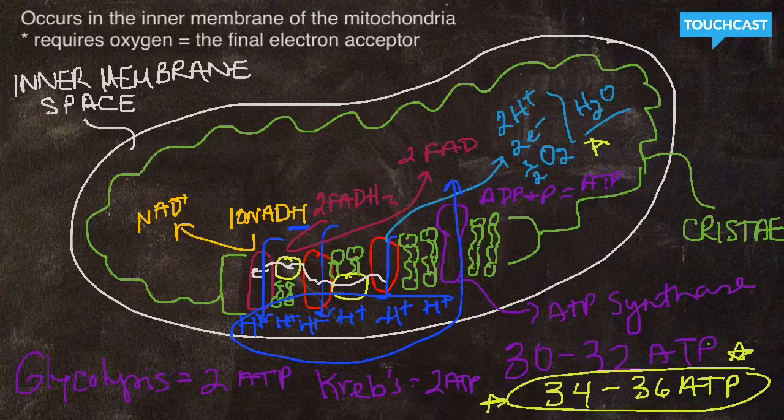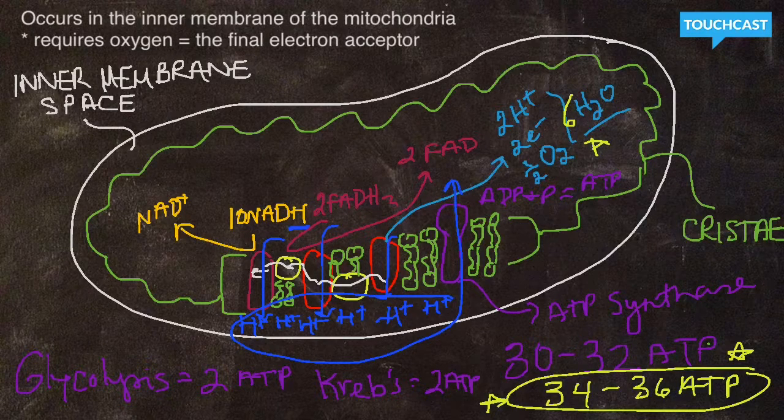Remember, 2 molecules of carbon dioxide were lost during the prep step, and then 4 molecules of carbon dioxide were lost during the citric acid cycle. And then the other byproduct of this is the 6 molecules of H2O. So you'll end up with a total of 6 molecules of H2O as waste for every molecule of glucose. And then you end up with 34 to 36 total ATP being produced.